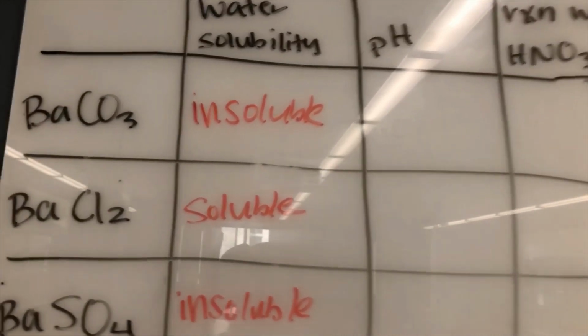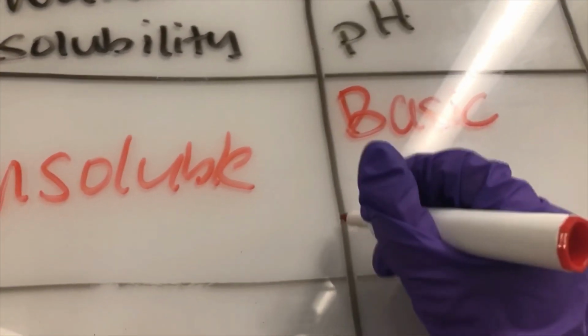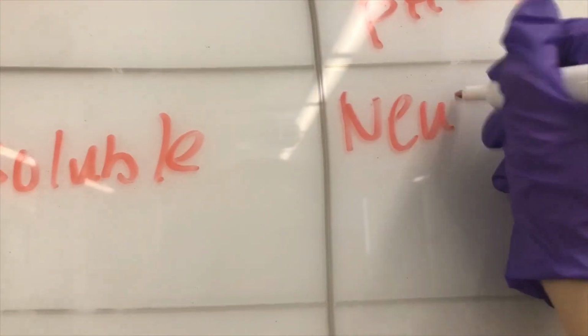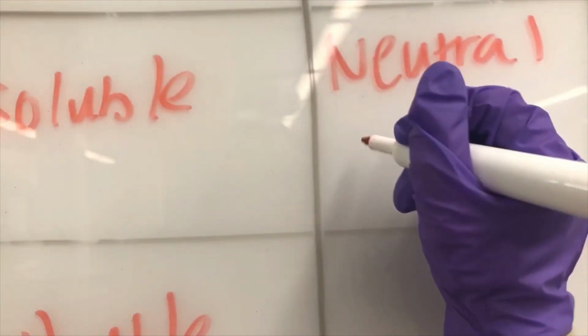So let's come back over to our table. Barium carbonate we called basic, and that had a pH of 8. Barium chloride, I believe we said was neutral, so pH equals 7, and that was the same for barium sulfate.